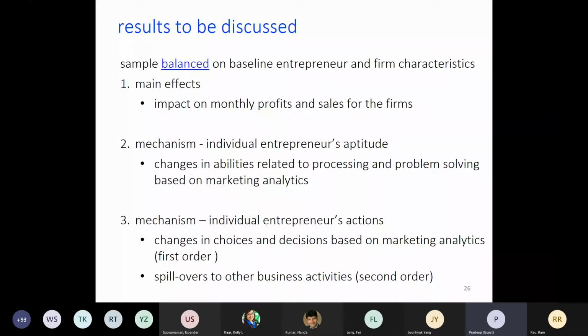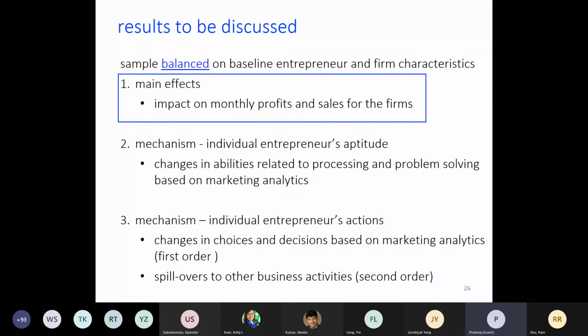Then at the end we again look at the profits and sales. The question is whether the treatment group that had access to the marketing analytics 1.0 did better than those in the control group who did not have similar access, and how, for example, the people in the placebo group did.